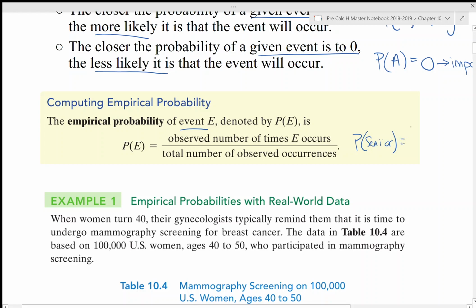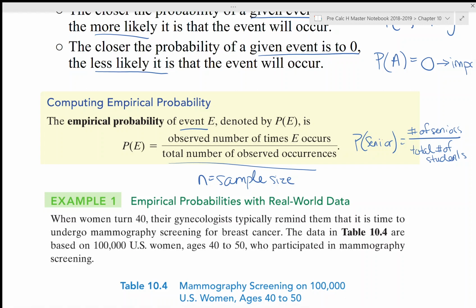You're going to put the number of seniors up top, all over the total number of students. Down at the bottom, it's the total number of observations that occurred. We usually refer to this as N, or our sample size. What is the total number of people included in this?